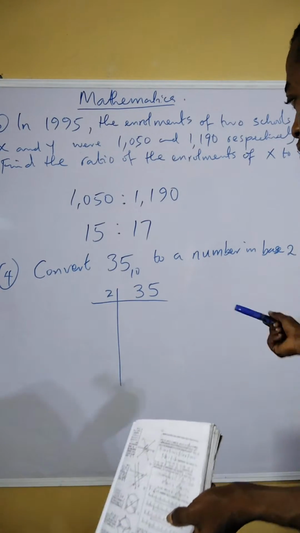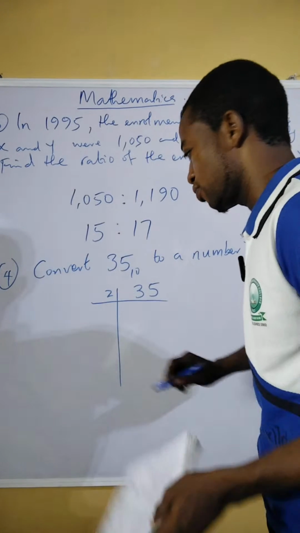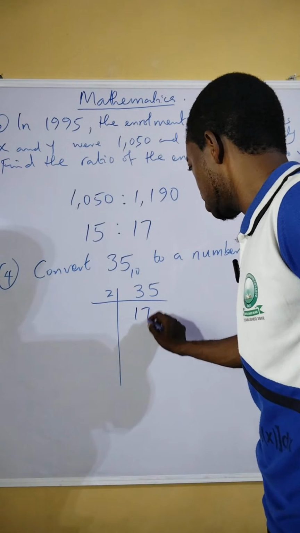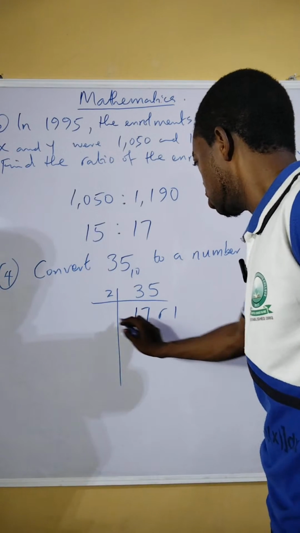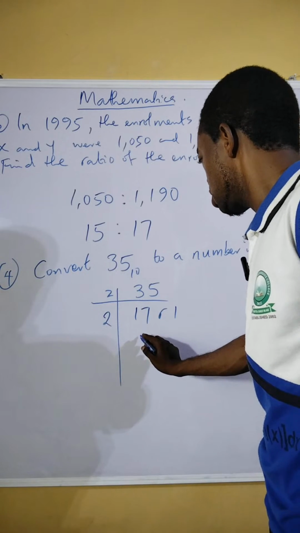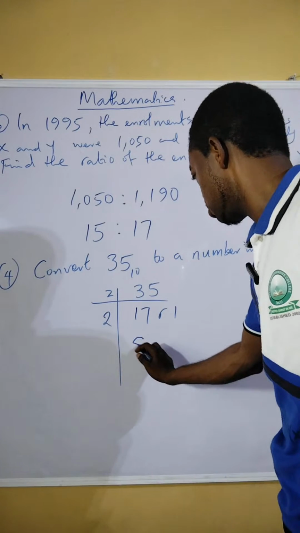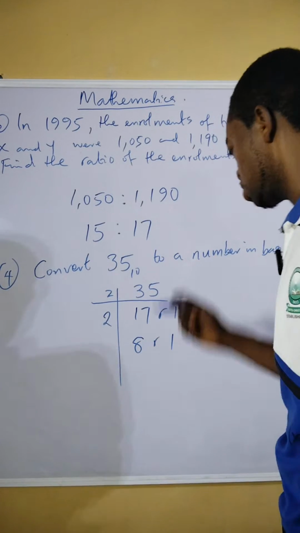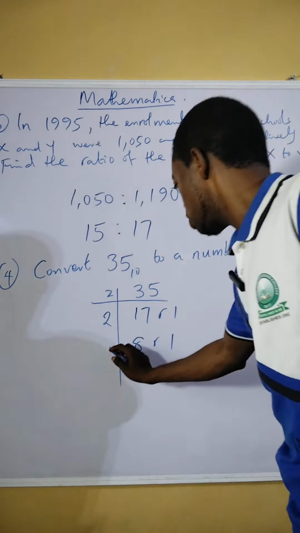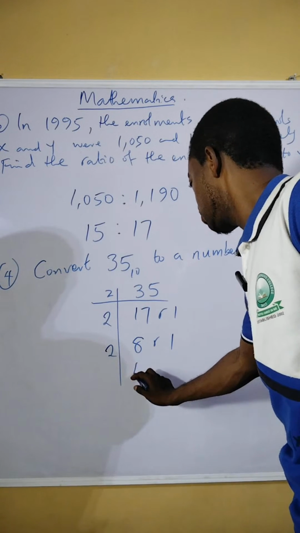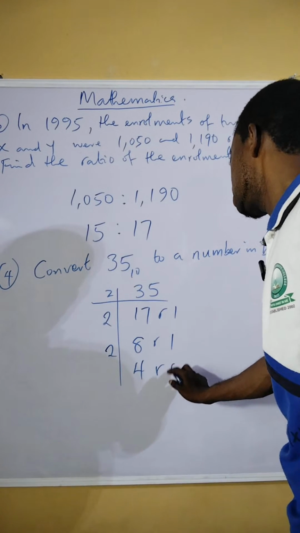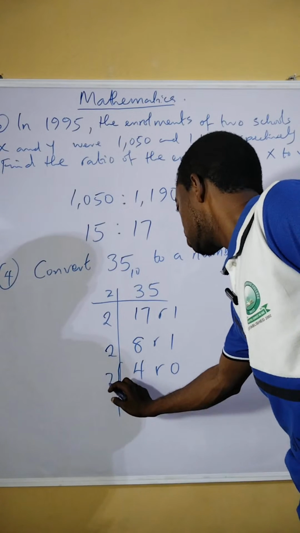And here 2 goes in 35. We have 17 remainder 1. 2 goes in 17. We have 8 remainder 1. 2 goes in 8. We have 4 remainder 0. 2 goes in 4.